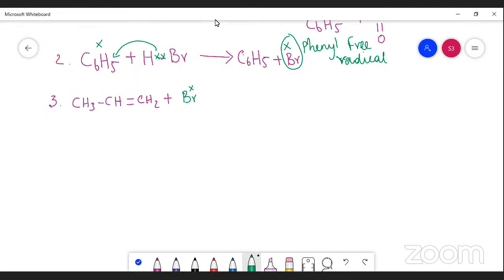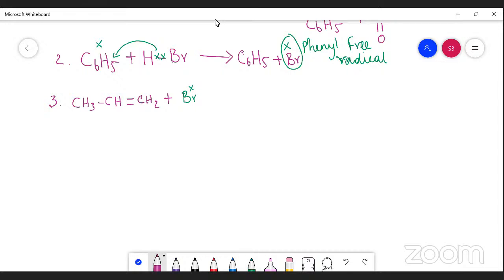Which one is the weak bond? The pi bond is the weak one, and the pi bond contains two electrons. The two electrons undergo homolytic cleavage on propylene, then bromine will be attached. It may be attached to the first carbon or maybe the second carbon.